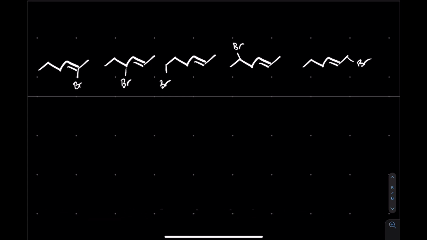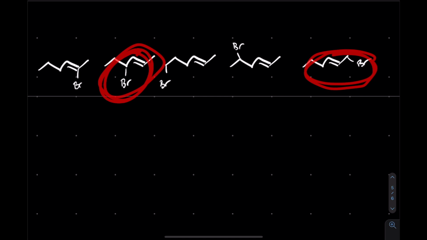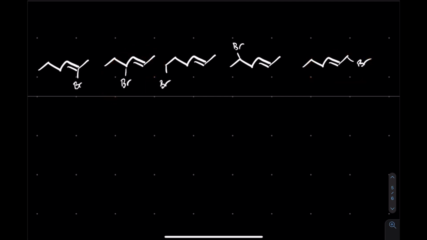The most reactive one is going to put the bromine on a position allylic to the double bond. So that would be either this position or this position. And you see you've got one right here, all right, and you've got one right here. And of course, the most stable formation, if we're just going to look at this strictly speaking from SN1, right, this makes it simpler.